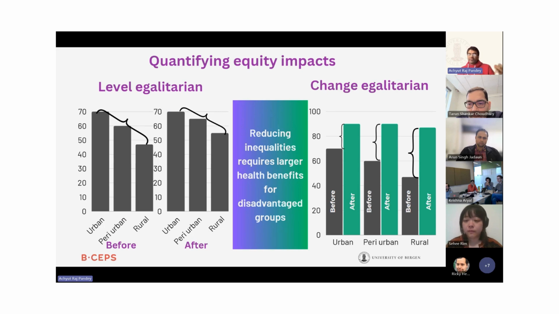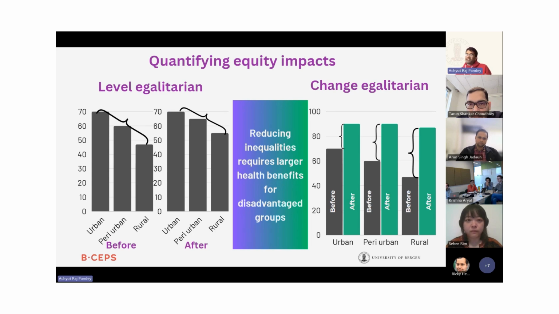So we compute the index of inequality of institutional delivery before the intervention based on place of residence. And then we again compute the index of inequality based on place of residence after the intervention. So we have two indices and we compare what changes we have made in these two indices. So we compute the difference between these two.